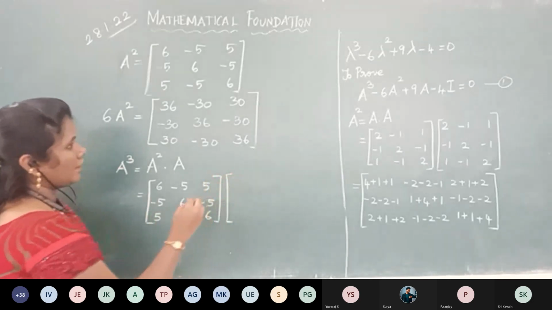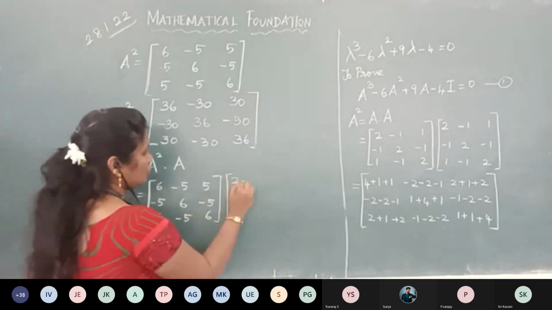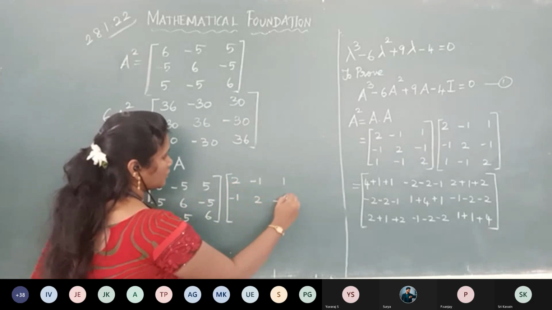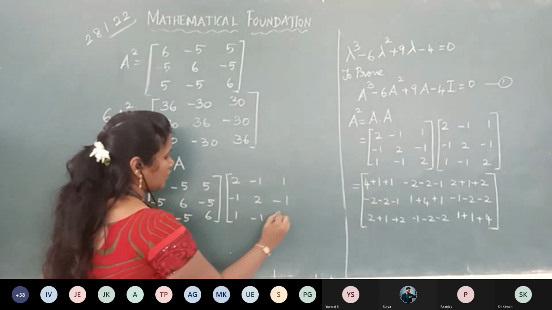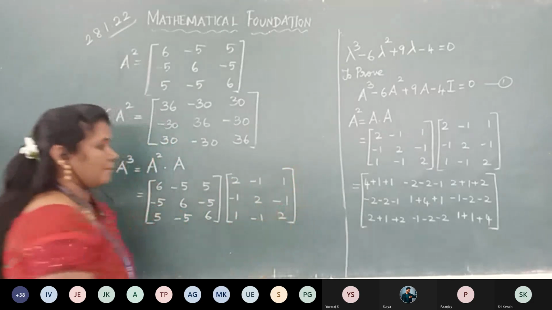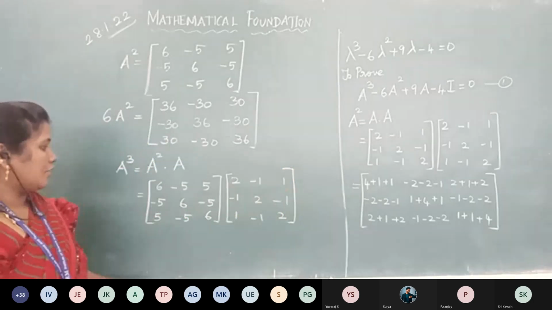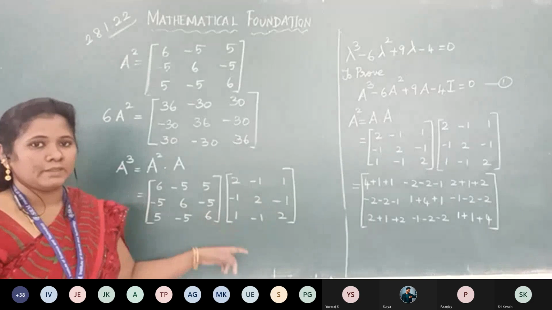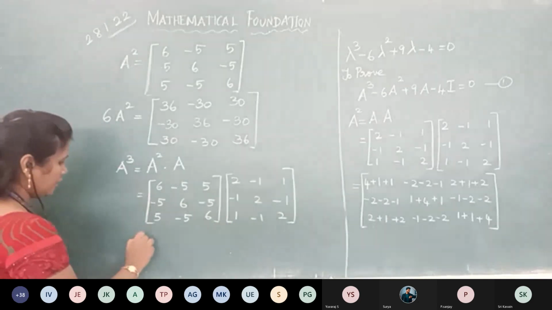This into your A matrix, which is 2, minus 1, 1, minus 1, 2, minus 1, 1, minus 1, 2. So I've taken your A square and your A matrix. Now multiply it.